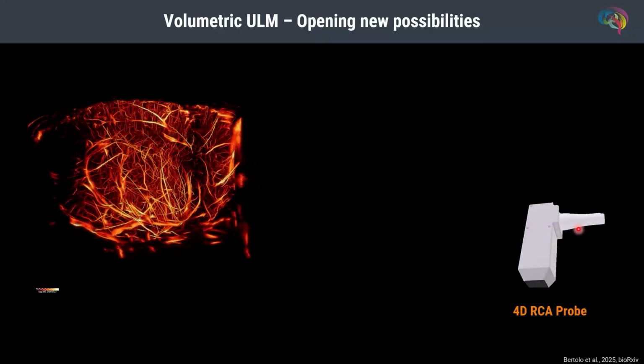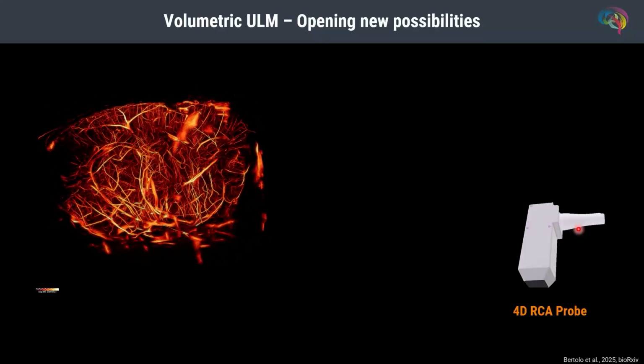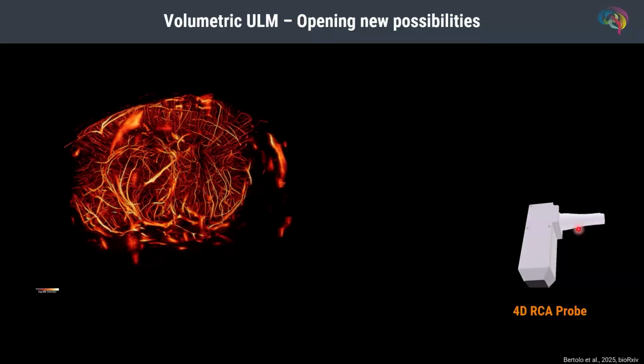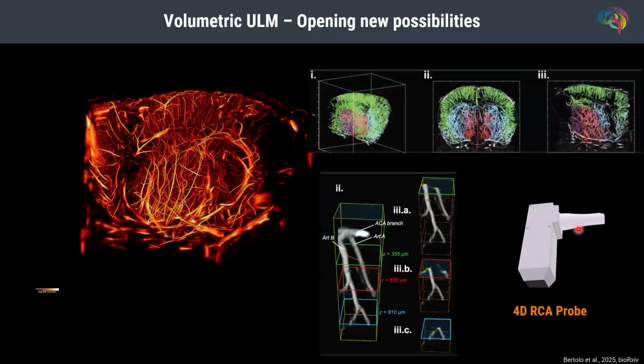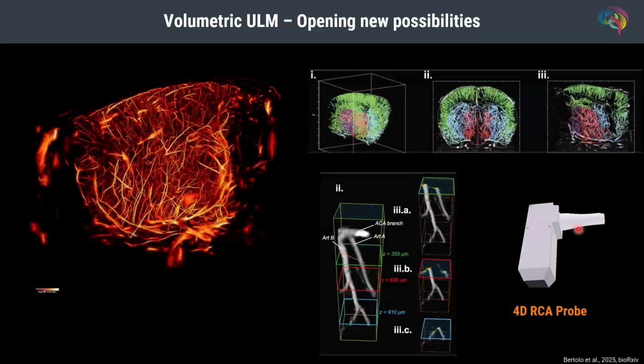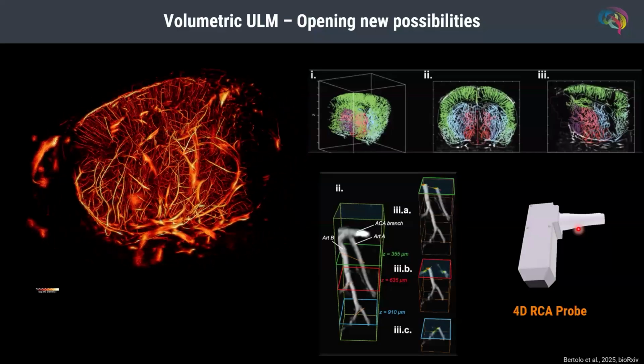And this is why we developed a specific probe to do this, called the 4D RCA probe, that allows you to observe the entire mouse brain at unprecedented 10 micrometers resolution. And from this, you can even go as far as doing single vessel analysis in the entire brain.